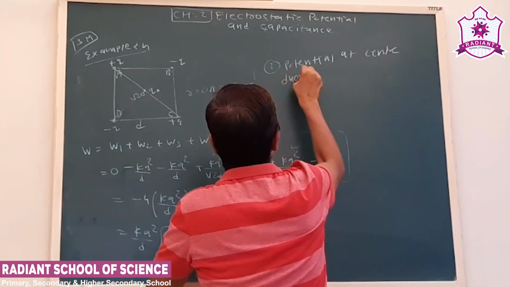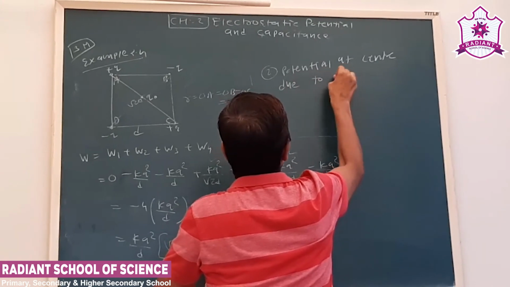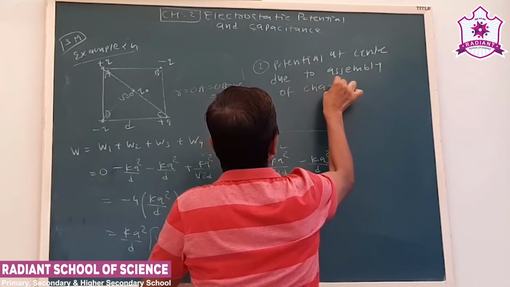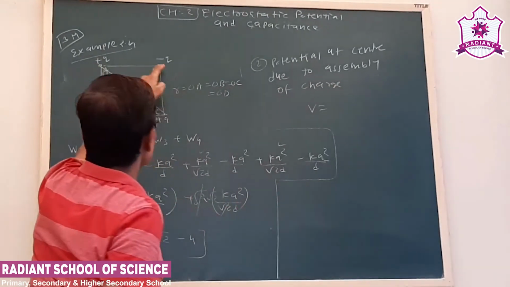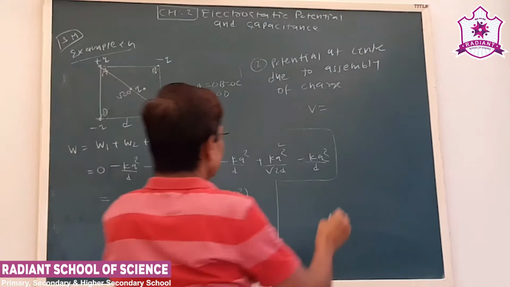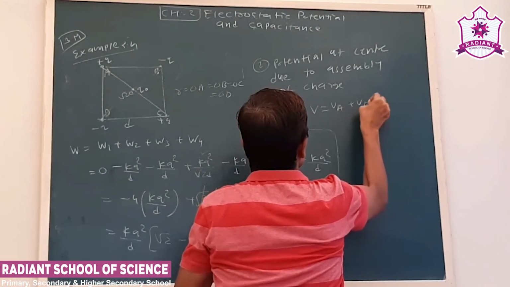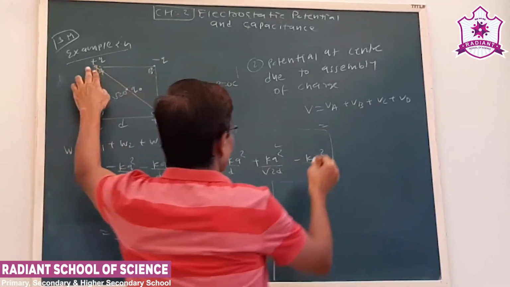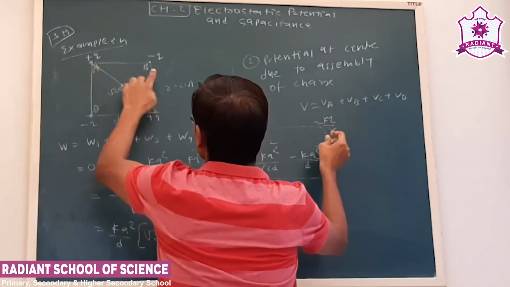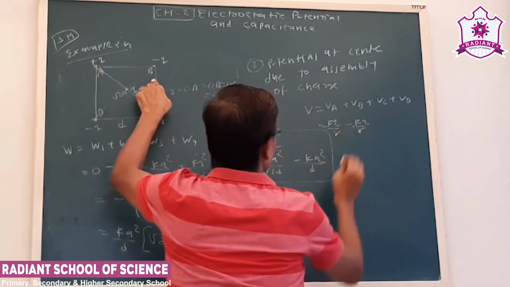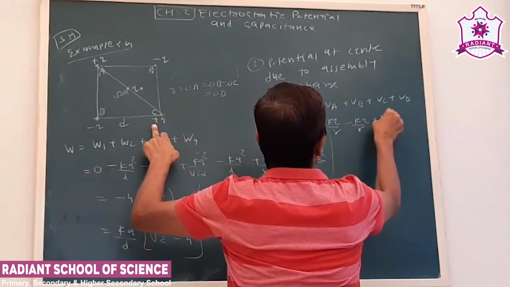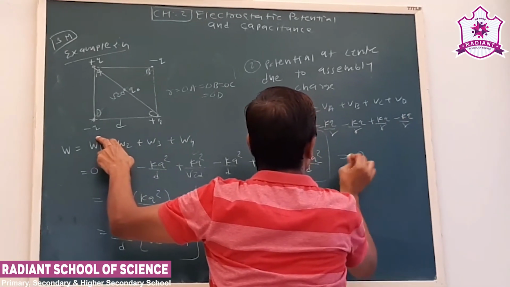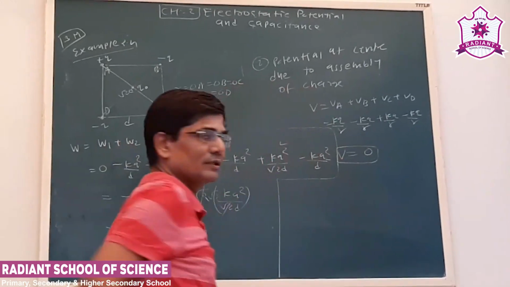due to the 4 charges A, B, C and D, we write, this will be KQ by R, minus KQ by R, plus KQ by R, minus KQ by R. So what we see here is that the potential is 0.